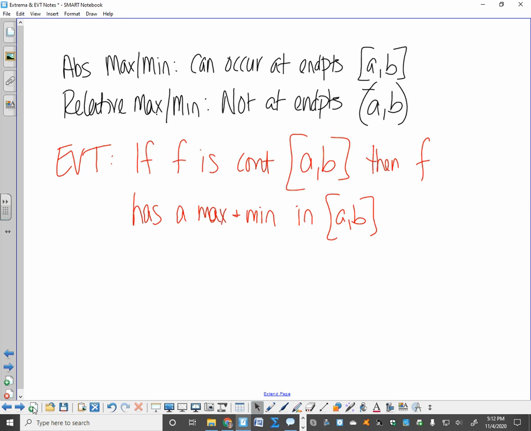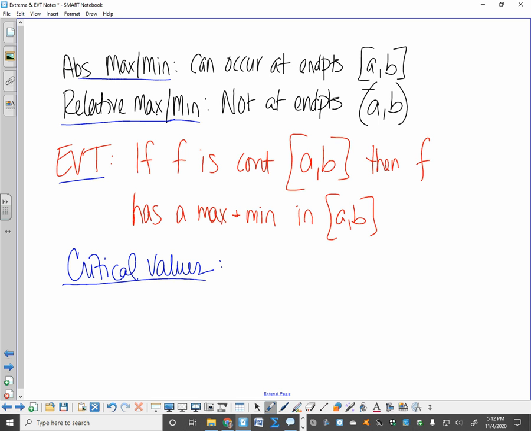Okay. And the last thing we talked about were critical values. Critical values are where the derivative equals 0 at that value, or where the derivative does not exist.